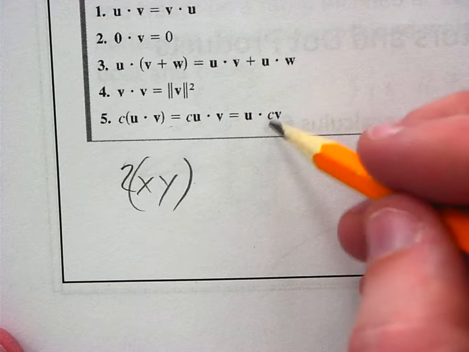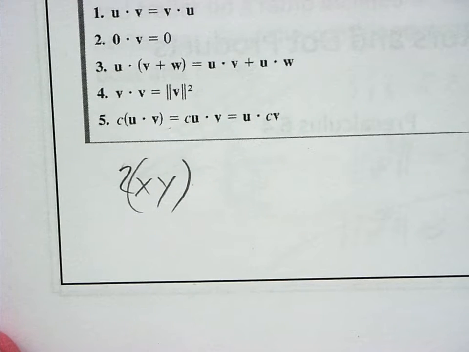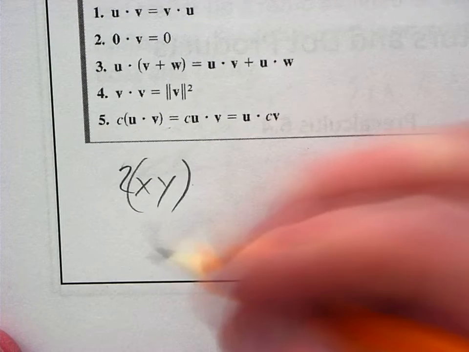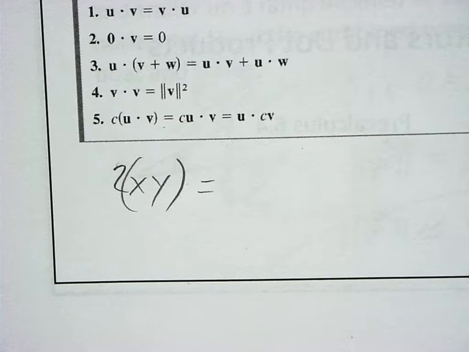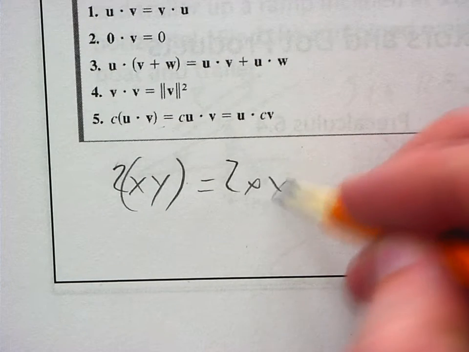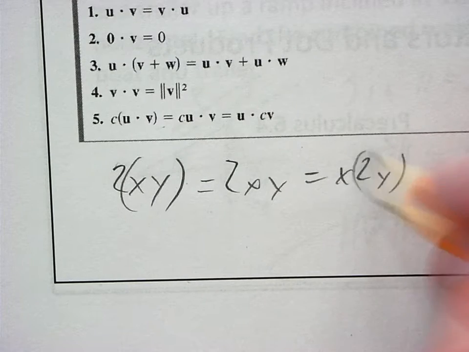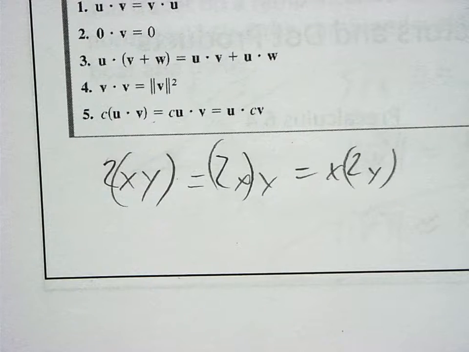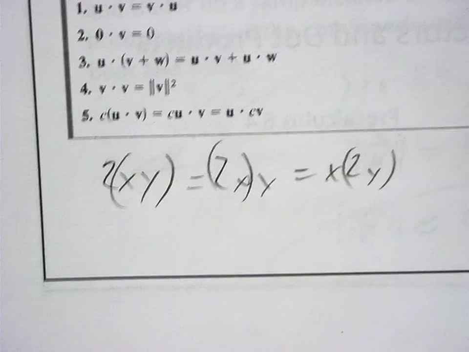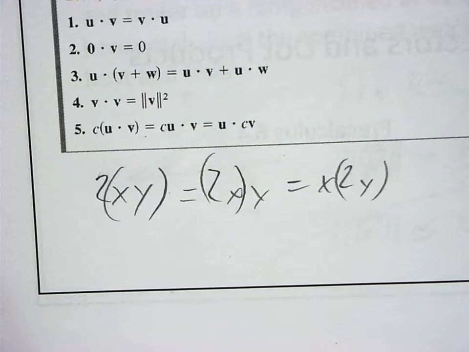You can either multiply the first by the scalar or the second, but you can't do both, because it wouldn't make any sense to have this be equal to 2x2y. You could have 2xy, or technically you could have x2y if you like. Either one of those, but you couldn't have it to both. Okay? It's just a general example of what you can and can't do.